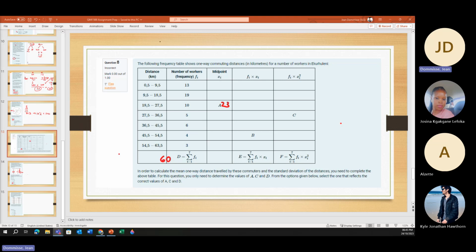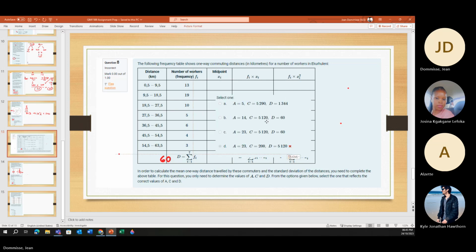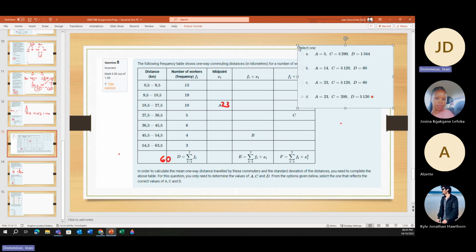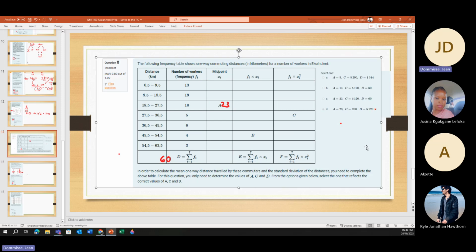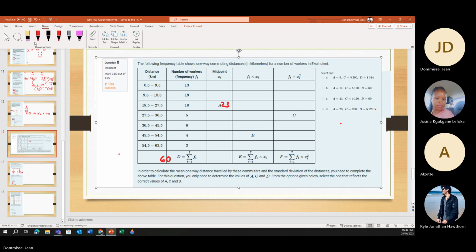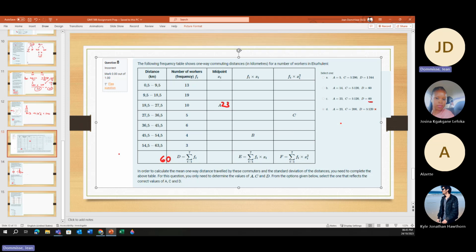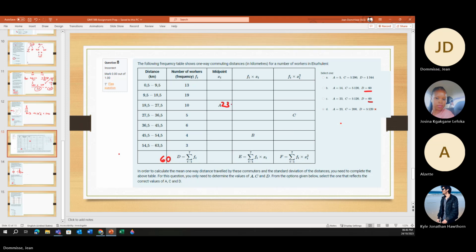So let's quickly see. So I would have had D as 40, A as 23. So my answer would have been C so long.